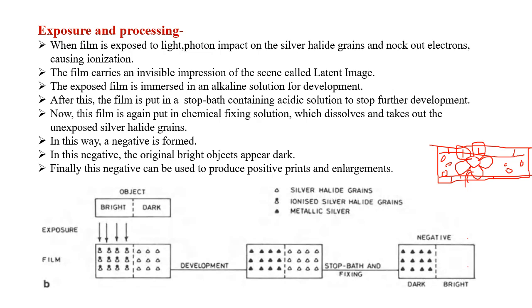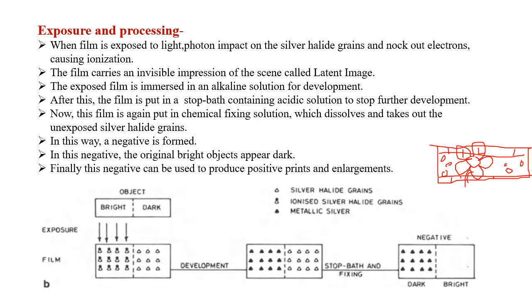For this we do this with a chemical called developer. When the film comes in contact with the developer, the silver halide that has been exposed to light turns into actual silver metal, which is opaque. Here by this diagram we can also understand, which I have explained.